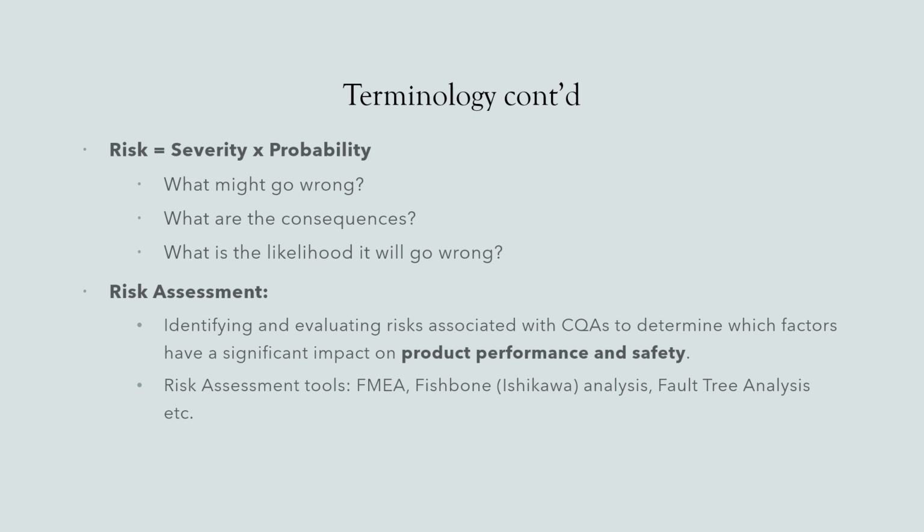And you can use risk assessment tools when you're doing that, such as failure mode effect analysis and your fishbone analysis and fault tree analysis. If you look at the ICH quality risk management guidelines, I think it's Q8, I can't remember which one it is, they provide a number of tools that can be used in performing a risk assessment and risk analysis, and also risk identification.